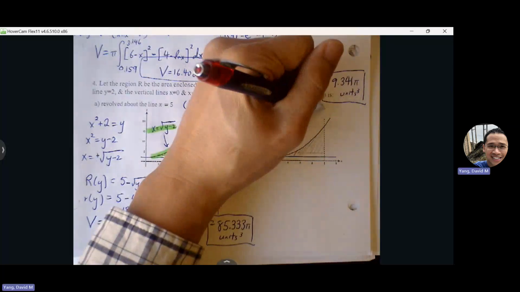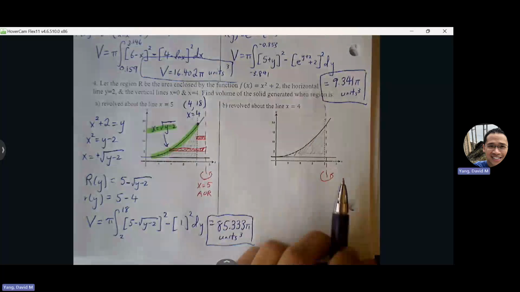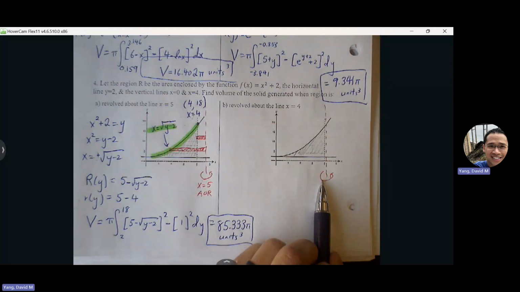But now we're rotating about the line x equals 4. Now, what's this here? Yeah, this is disk method.